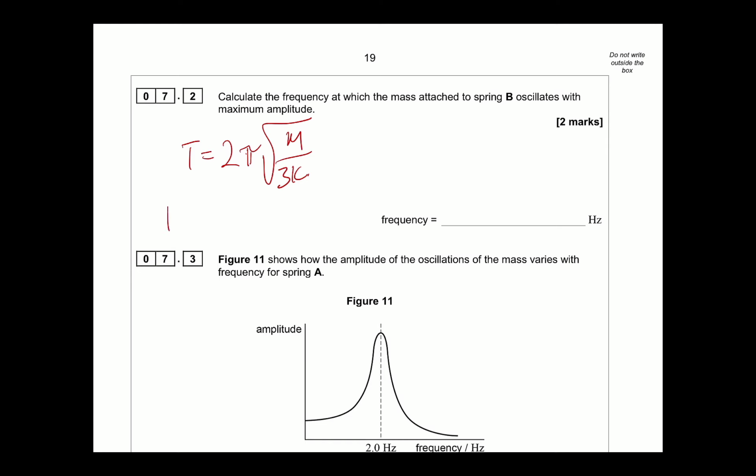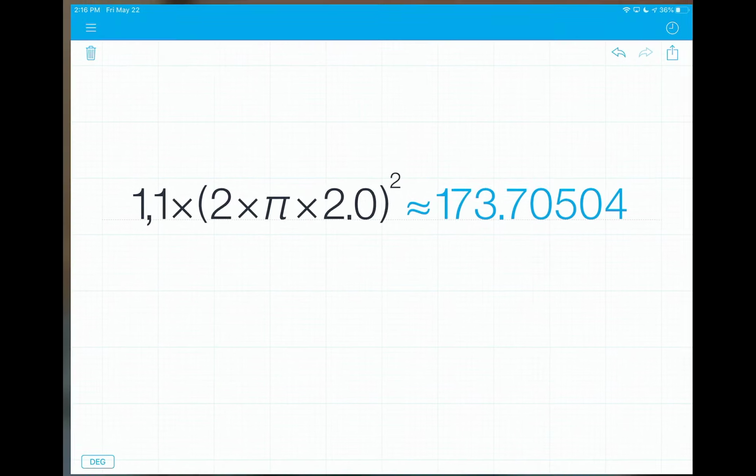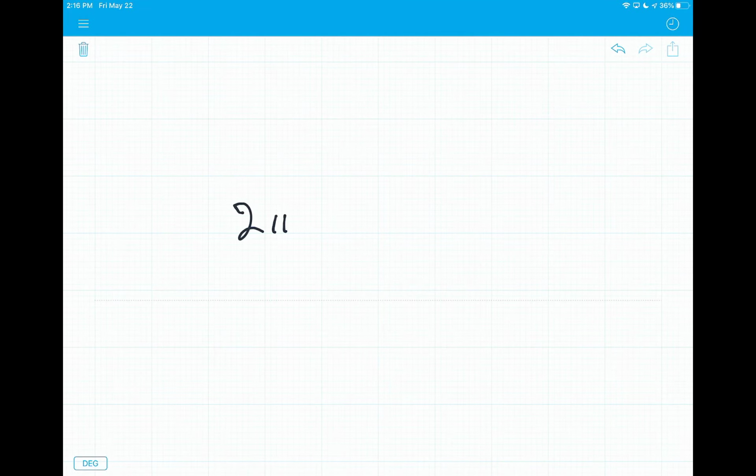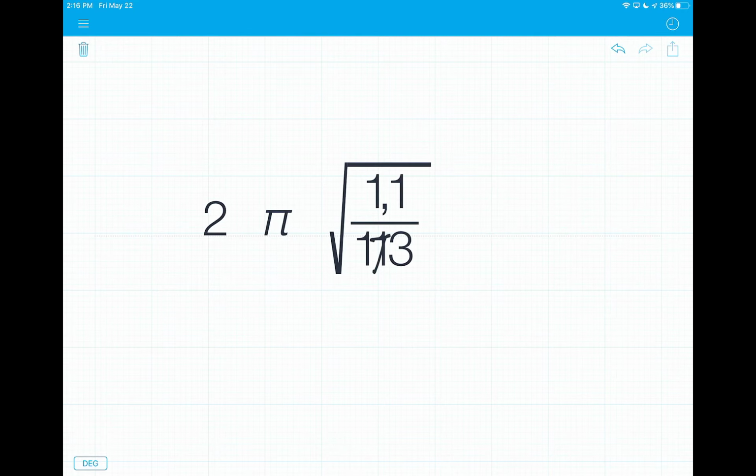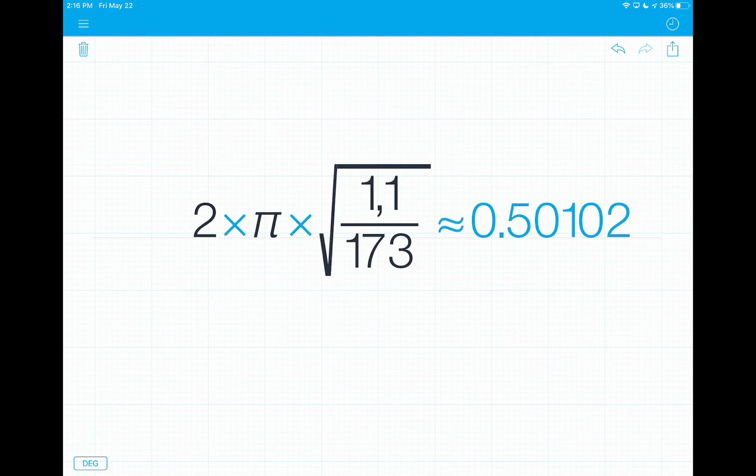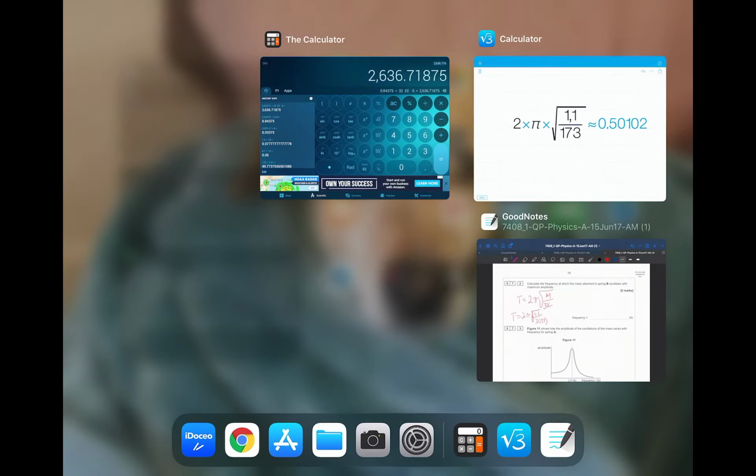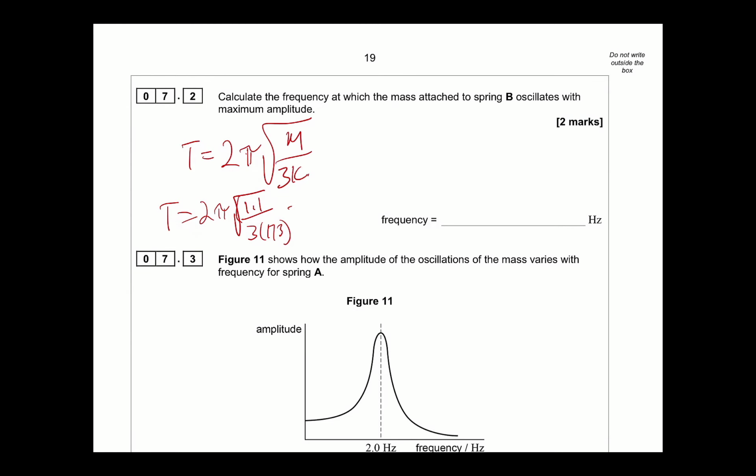So the period is 2 pi square root 1.1 divided by 3 times 173. 2 pi square root 1.1 divided by 173. So that's 0.5.